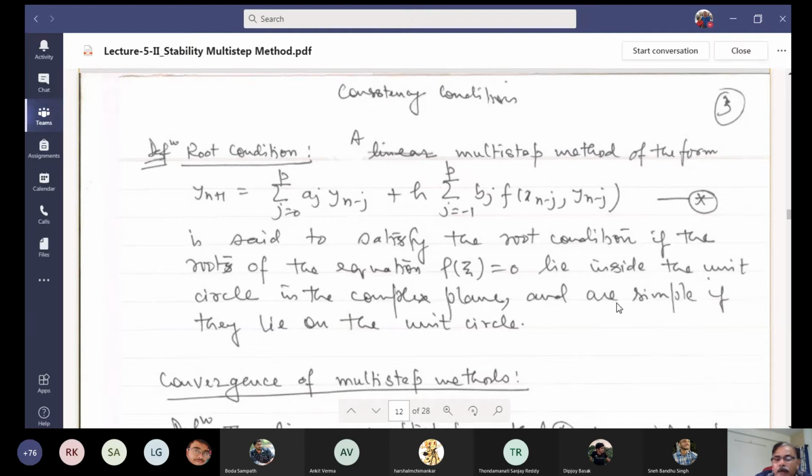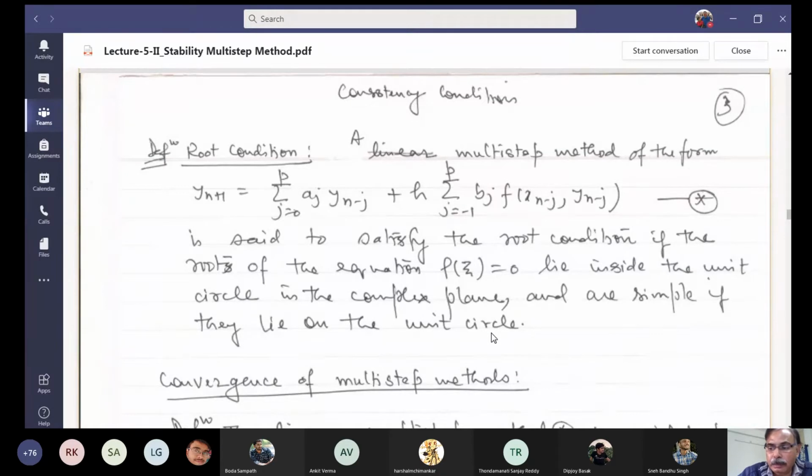And the roots are simple if they lie on the unit circle. Suppose any one of the roots has magnitude equal to 1, right? Lying on the unit circle means its magnitude is 1. Then it should be simple.